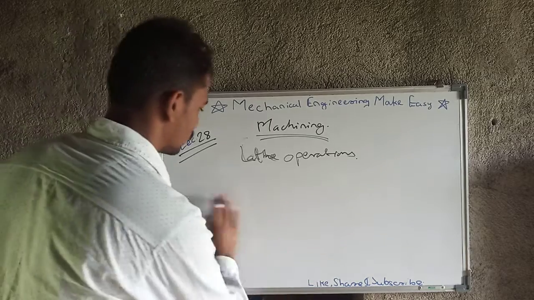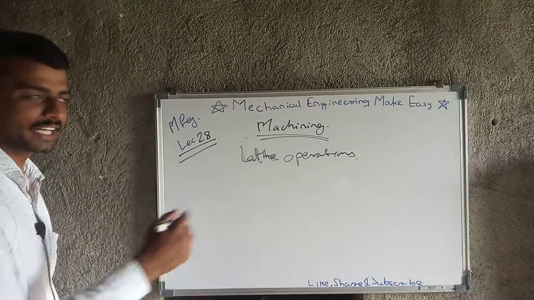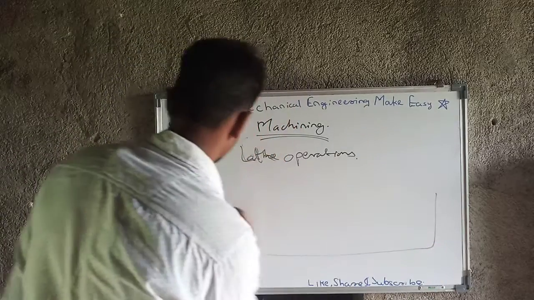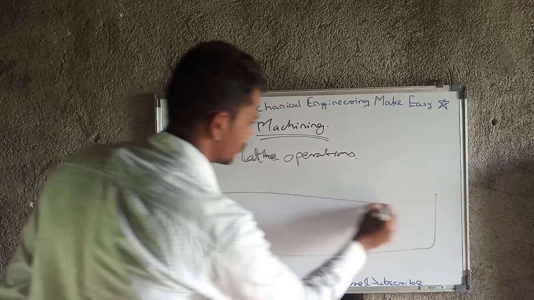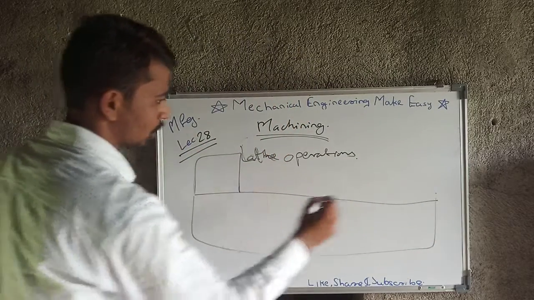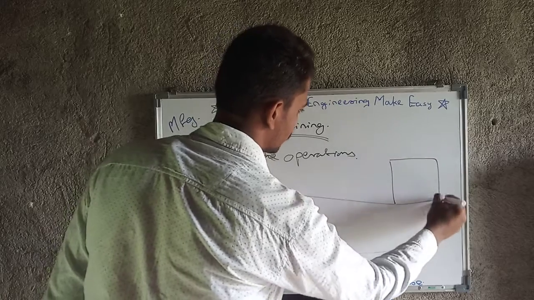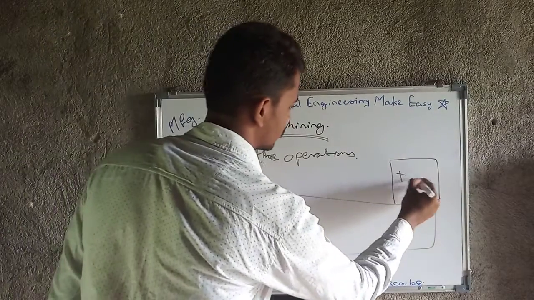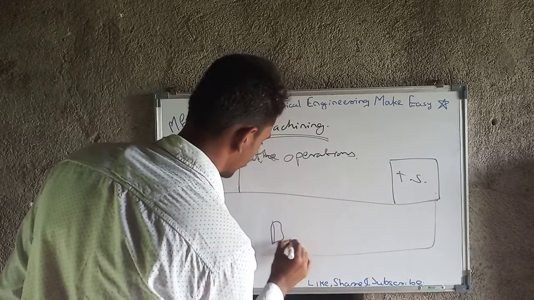And here I will give you a first basic idea about the lathe machine. Assume that this is the bed. Okay, here there will be one headstock, and here there will be the tailstock. Okay, this is headstock, this is tailstock, this is bed.